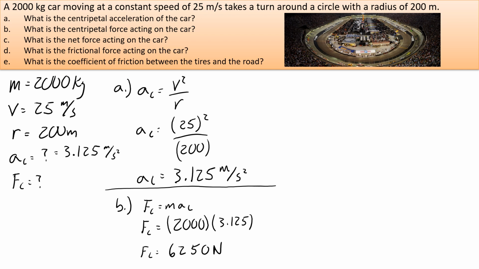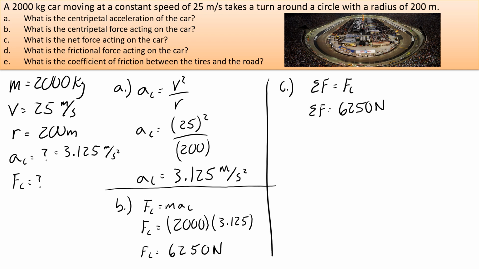All right. Then it says, what is the net force acting on the car? Well, the definition of the centripetal force is that it is the net force. Part C, the net force is equal to the centripetal force, so we could just say the net force is equal to 6250 newtons. And then part D, very similarly, see, I told you there's not many questions here, says what is the frictional force?